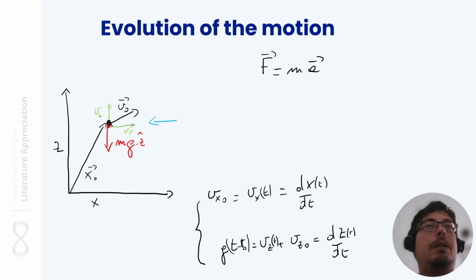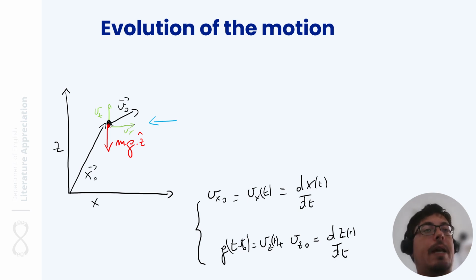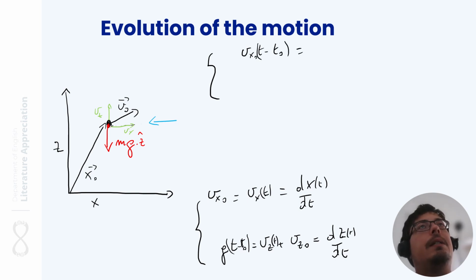Now, this is another set of equations for which we can do the same as we did before. We consider the fact that for x we have a constant velocity, so the integral is simple: vx0 times t minus t0, because this is the interval of integration, and x(t) is that plus x0, and the condition x0 is exactly this condition here.